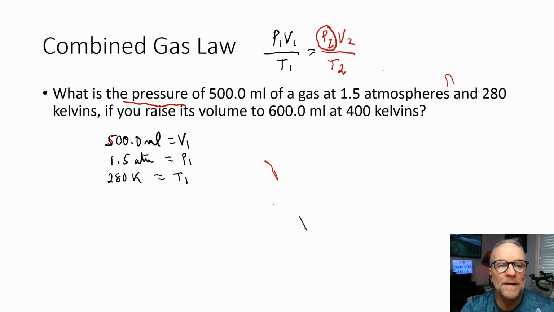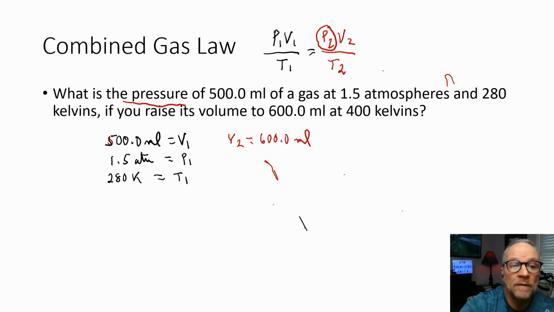And it says here, if you raise its volume, so V2 here would be 600 milliliters, and we're solving for P2. We're solving for pressure, if its temperature is increased to 400 Kelvin.